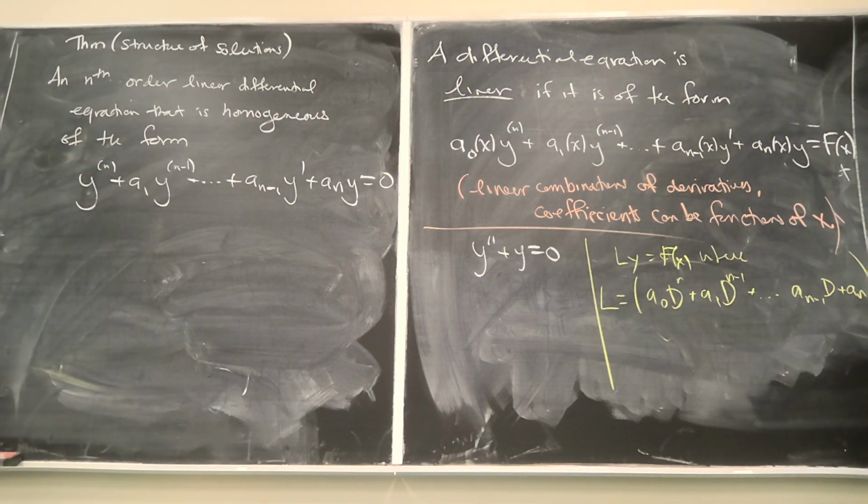Being a little careful here, you might notice I didn't put anything in front of the y^(n) term. There are reasons for that which will become apparent if you continue on to 344.